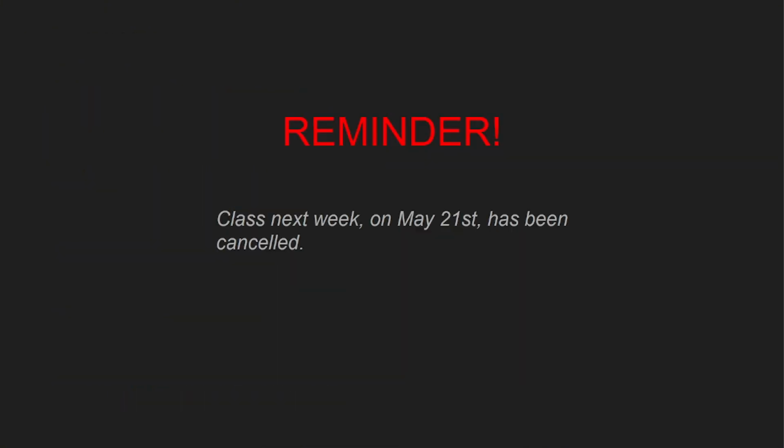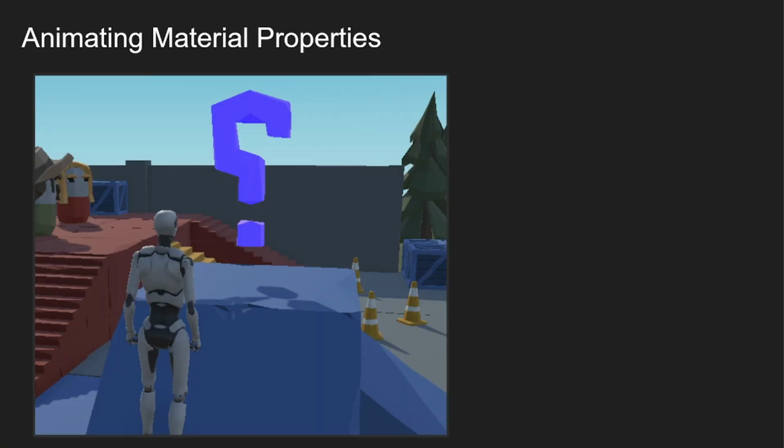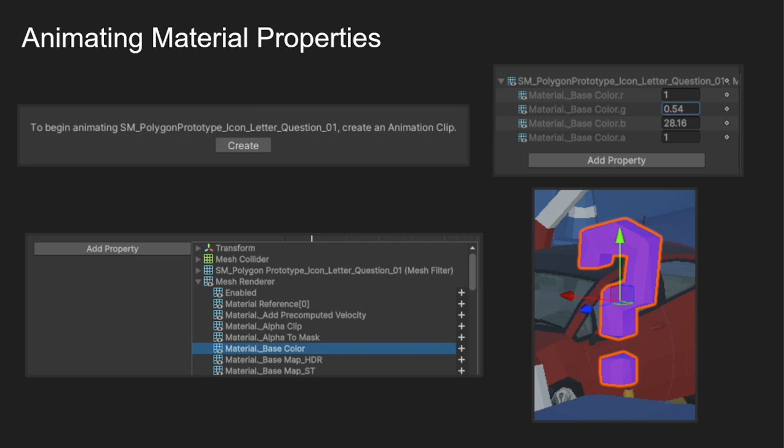And don't forget, no class next week. But I encourage you to experiment with trying to animate simple things, but don't just stop at animating position, rotation, and scale. Look at some of the things that are available to you. What's really powerful is you can even have your own custom script that has publicly available values, and you can animate those. You can animate values on a script that's on the thing that you are animating.